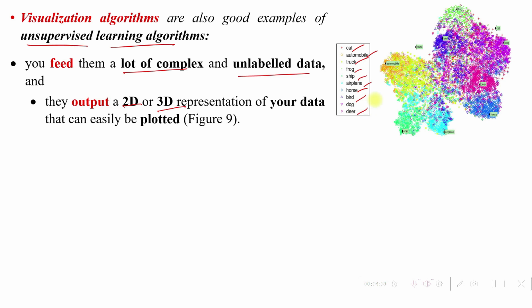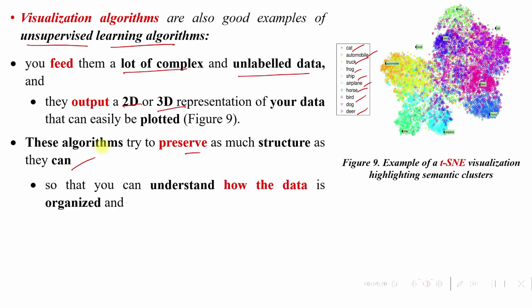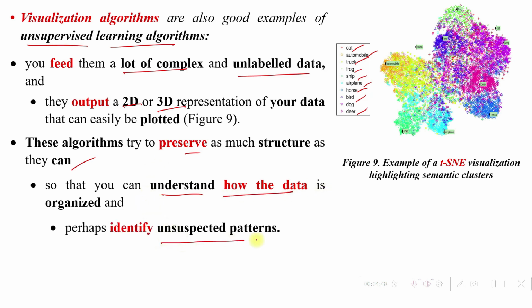Those are represented in different colors. These algorithms try to preserve as much structure as they can, so that you can understand how the data is organized and perhaps identify unsuspected patterns.